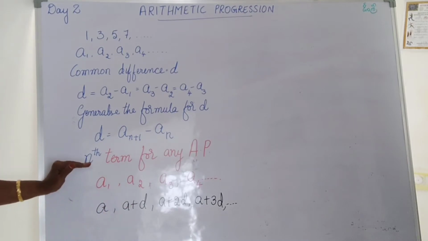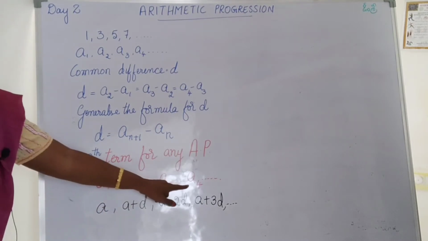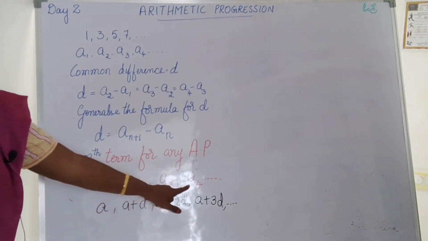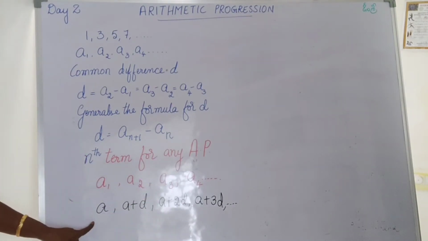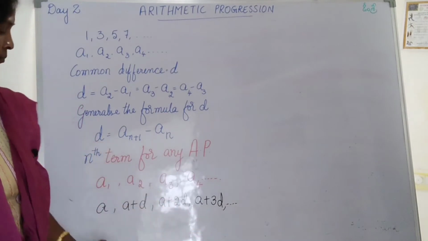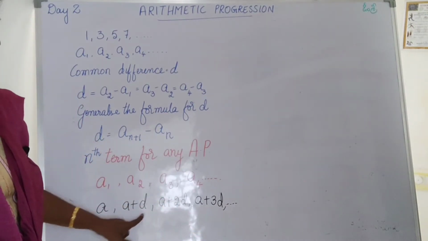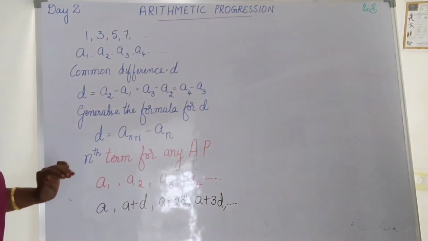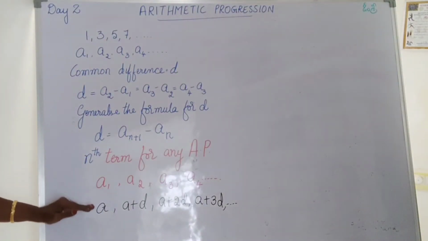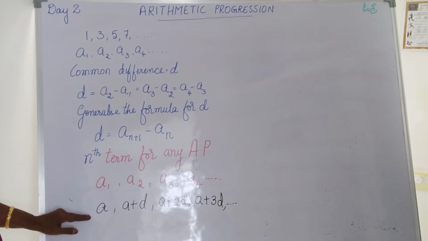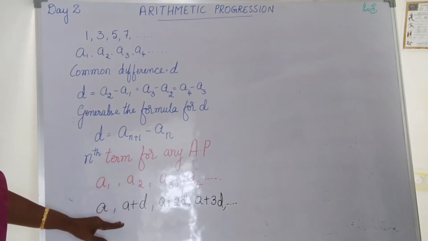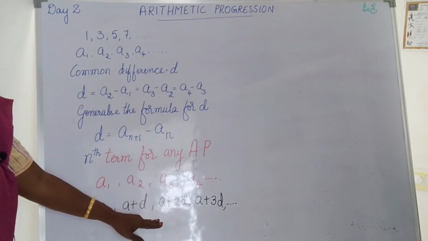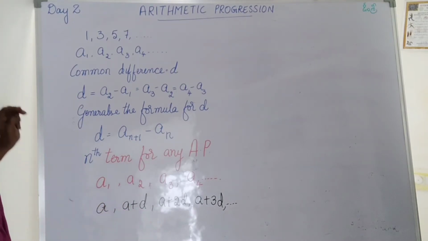So this is also in AP, which is represented as A1, A2, A3, A4 and so on, and this is also in an AP, that is A, A plus D, A plus 2D, A plus 3D and so on. That means A1 is equal to A, A2 is equal to A plus D, and A3 is equal to A plus 2D. Hope you are following.